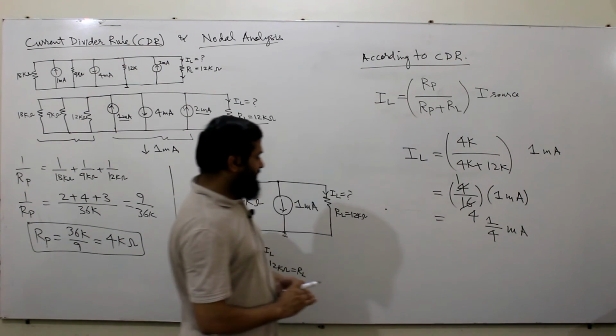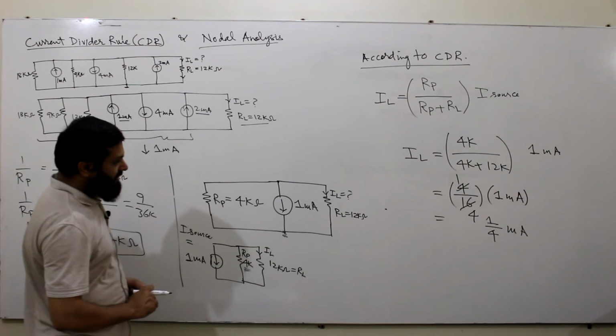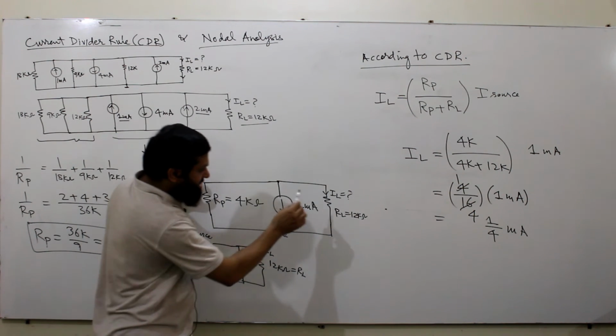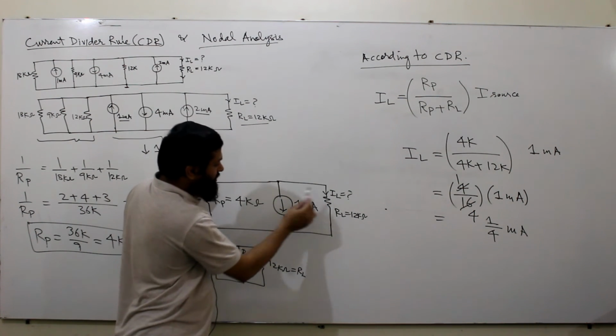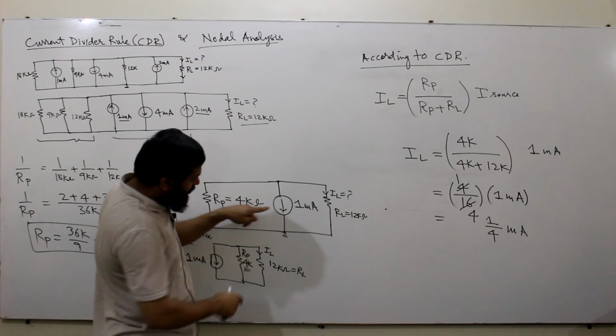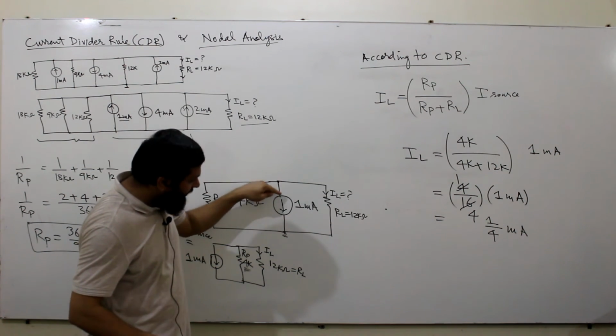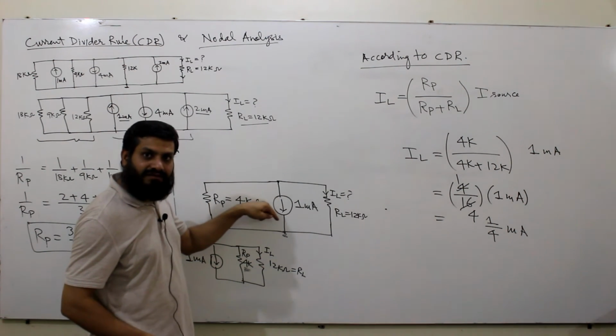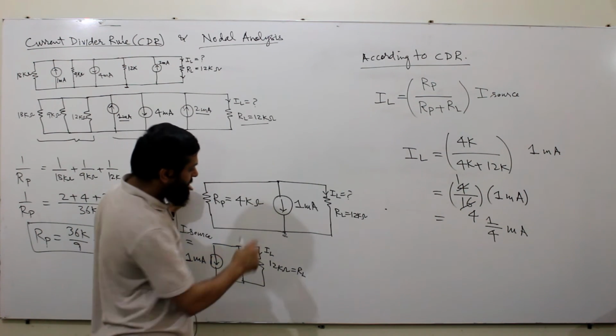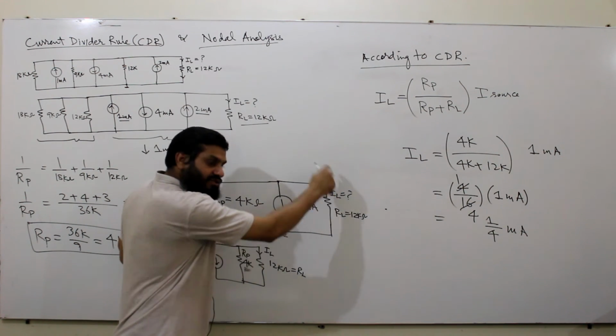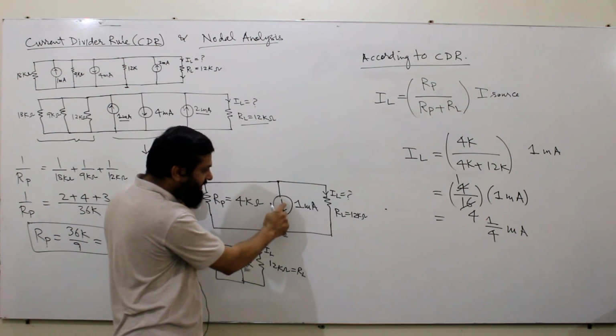However, there is something to be noticed. This current is actually opposite to this current. This current source is representing that this is going downward at the moment. This current is going downward, but this current is also going downward. So how can this current enter this one?